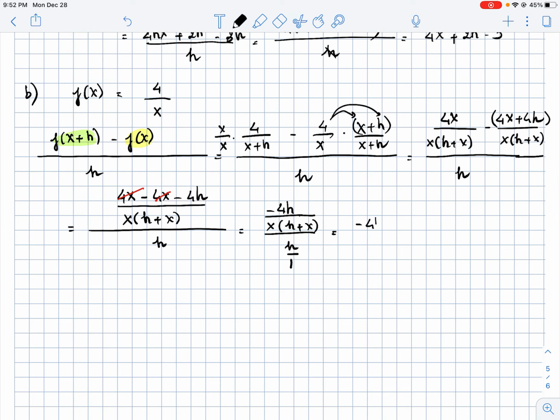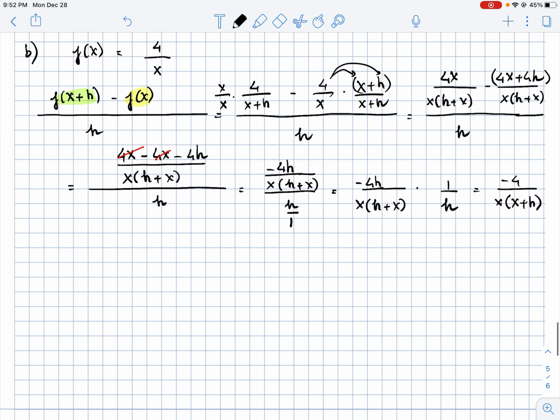You notice that this is like h over 1. So when we divide by a number, it is the same thing as multiplying by the reciprocal of that number. Then you can simplify more. You can cancel out the h. So you will get negative 4 over x times x plus h, or you can write h plus x inside parentheses. That would be the same thing.